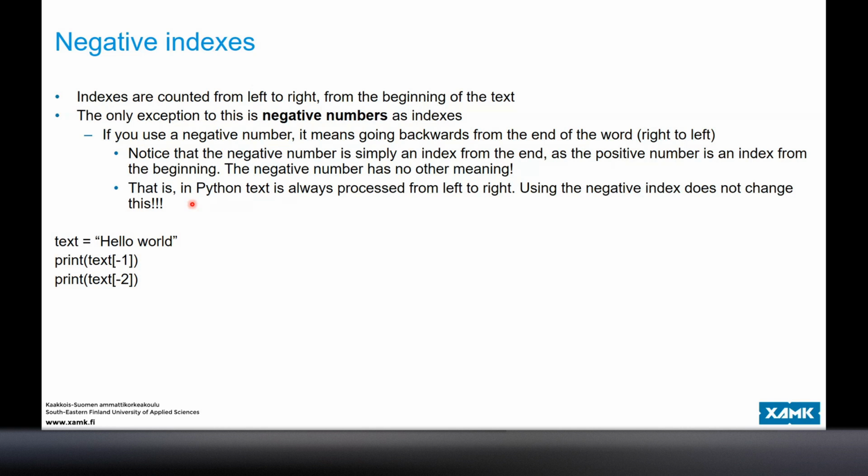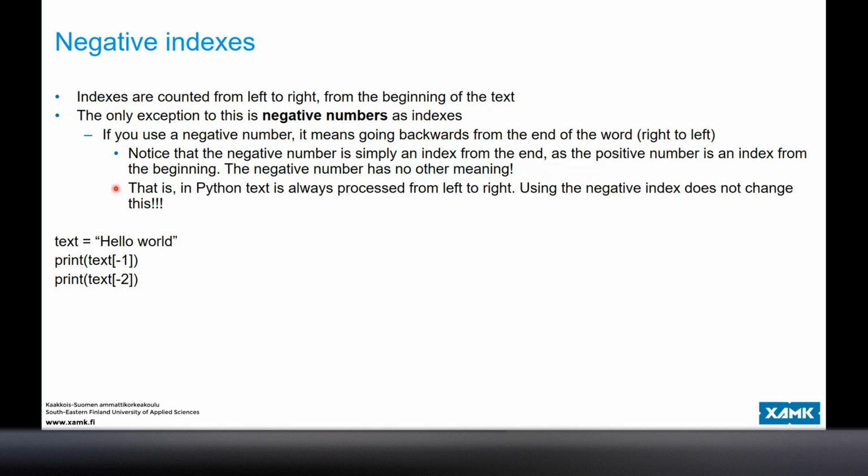This will be important when we get to the next slide, but just to inform you, even if you are using negative numbers, it doesn't change the way that Python processes the text, which is always from left to right.